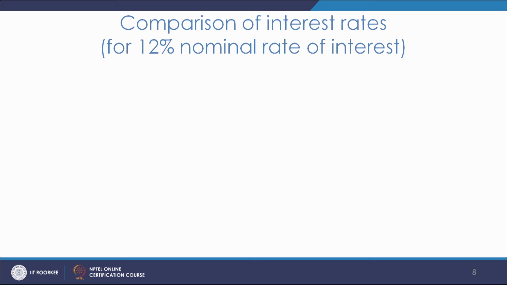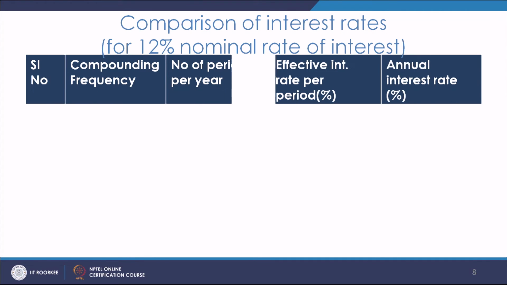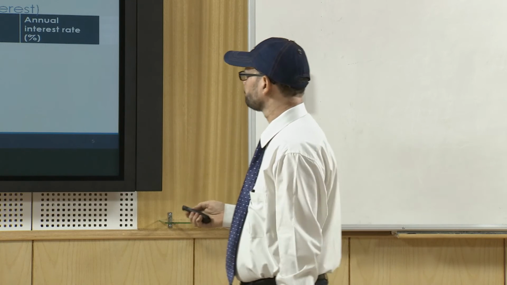Now, we will see the comparison of the interest rates when the compounding frequency is changed. So, this problem talks about the annual interest rate, the effective annual interest rate, and how it changes when the number of periods per year, or compounding frequency, changes.